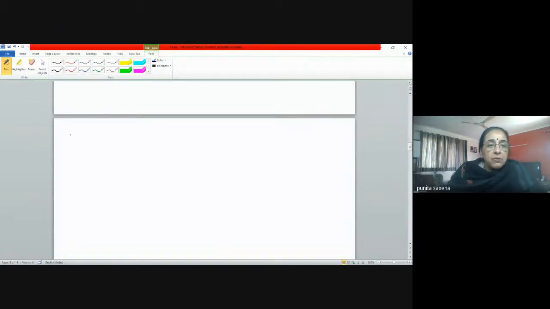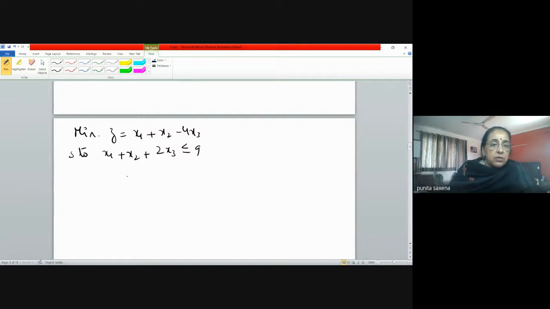Okay. Now say supposing your problem is to minimize Z equal to x1 plus x2 minus 4x3 subject to x1 plus x2 plus 2x3 less than or equal to 9, x1 plus x2 minus x3 less than or equal to 2, minus x1 plus x2 plus x3 less than or equal to 4, x1, x2, x3 more than or equal to 0.